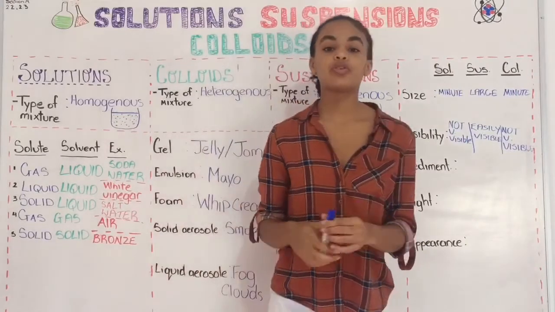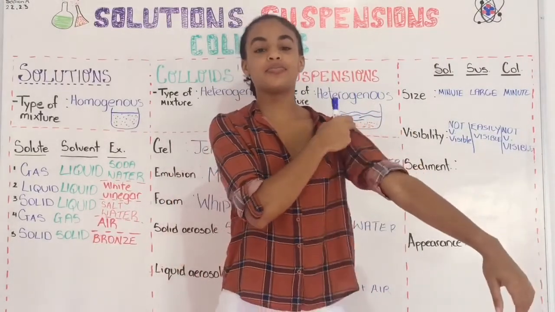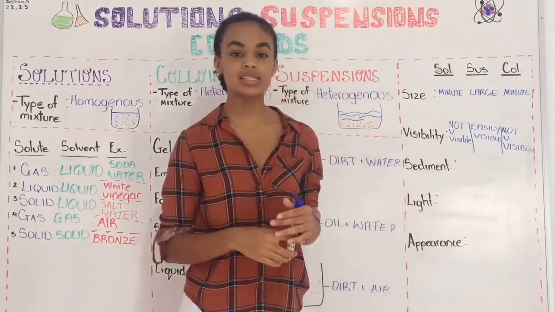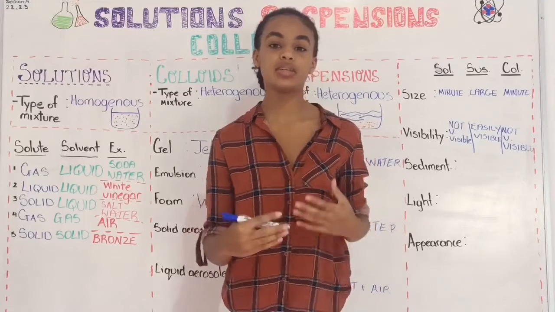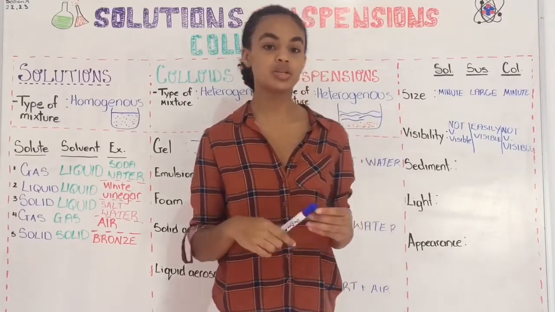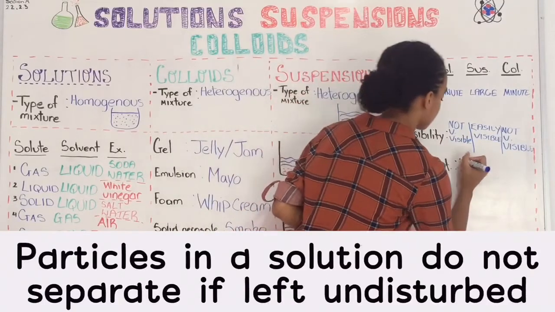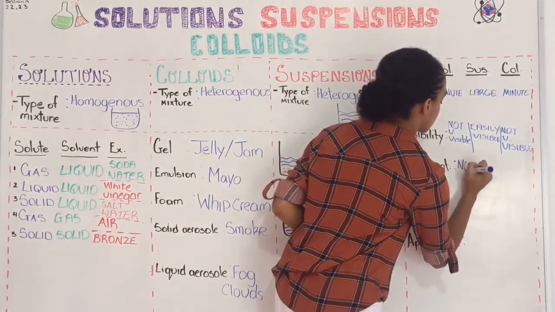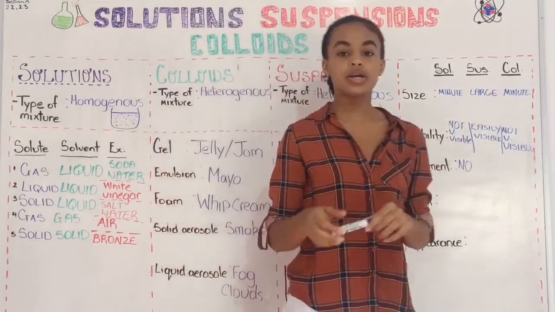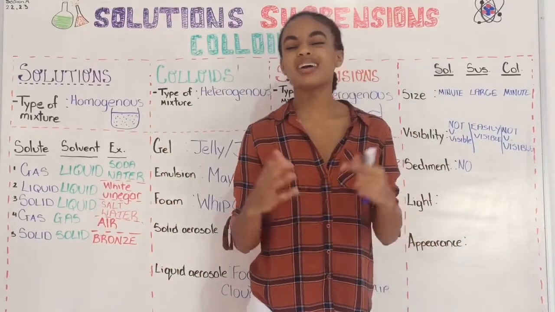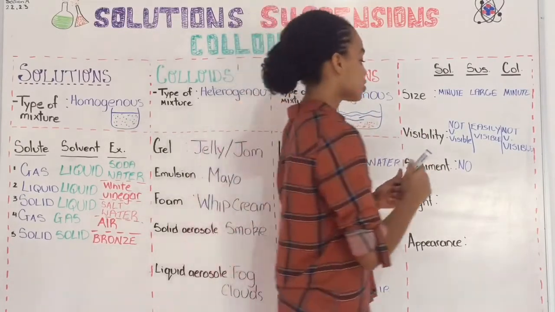Sedimentation. If you mix some salt water properly and leave it in a container to settle, there will be no sedimentation because the particles are evenly distributed. It's a homogeneous mixture. So solutions don't settle. There's no sedimentation. So I'm going to put no. In colloids, the particles are larger than the particles in solutions, but there's still no sedimentation.